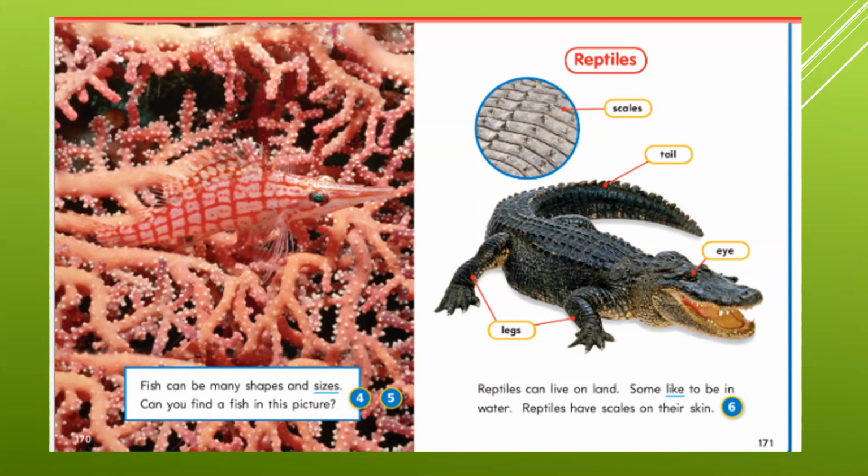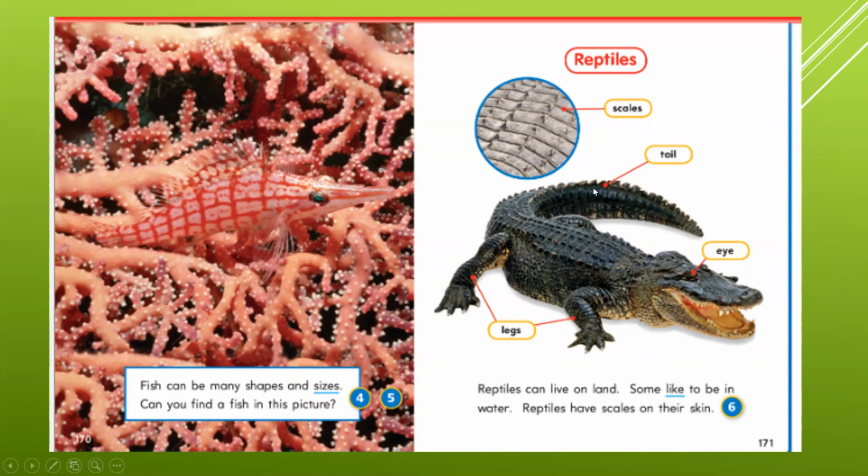So the first group here is fish. The second group is reptiles. I can find reptiles in the picture here. Who can tell me what this animal's name is? This animal's name is alligator. Okay, alligator. What are the parts of the alligator here? Let's read together.